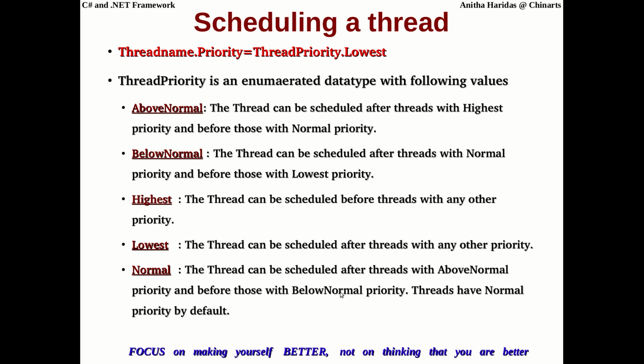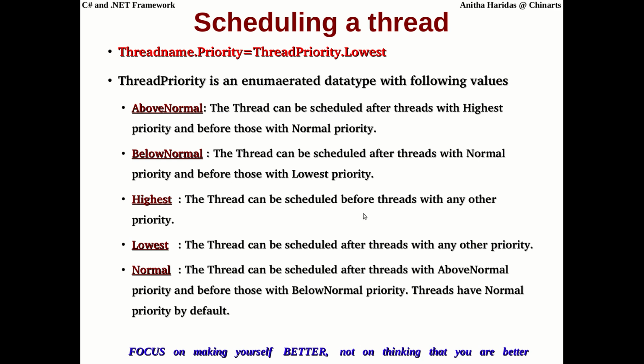So in order of priority, Highest gets the highest priority, the second is AboveNormal, the third is Normal, the fourth is BelowNormal, and the fifth is Lowest. Highest, AboveNormal, Normal, BelowNormal, Lowest: this is the kind of priority that will be set.